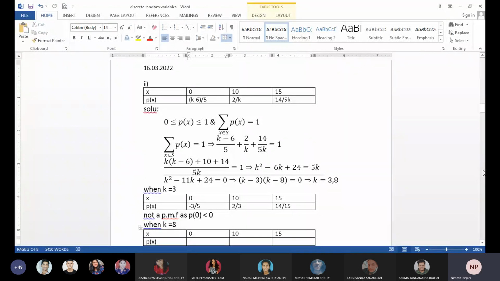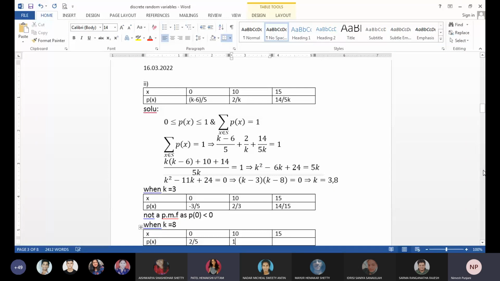So now we will check for p of x when k is equal to 8. When k is equal to 8, what values of p of x will you get? 2 by 5. Second value? 1 by 4. 1 by 4.